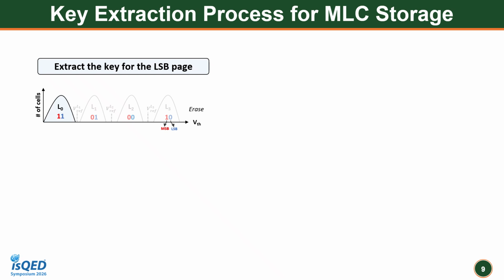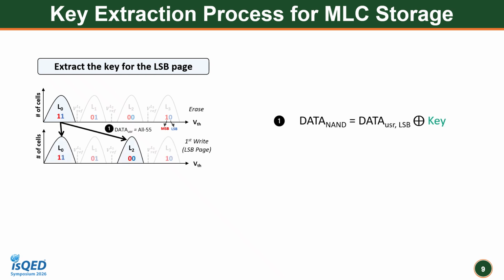To extract the LSB page key and the MSB page key, we start with the LSB page key first. Again, we first program all 5 pattern. The all 5 will get XORed with the key. What will happen is that a cell starting from L0 will either remain in L0 or move to L2.